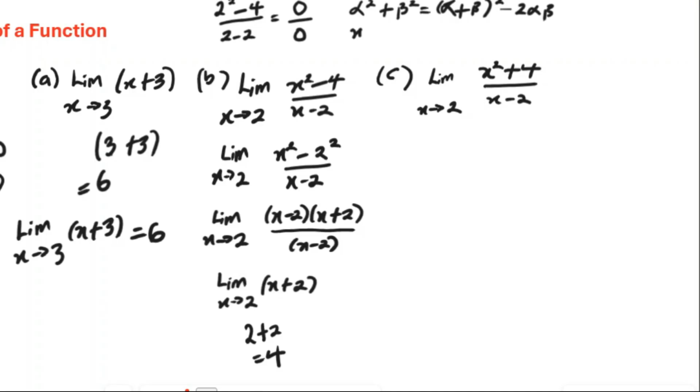So if we try to factorize this, x squared plus 4 will give us x plus 2 raised to the power of 2 minus 4x. So basically you can't factorize x minus 2 out of this. So it means that this is not factorizable.